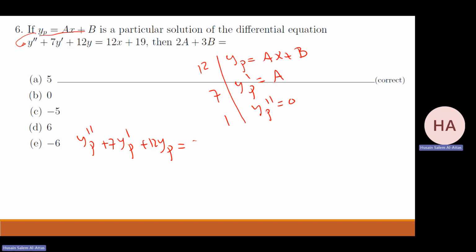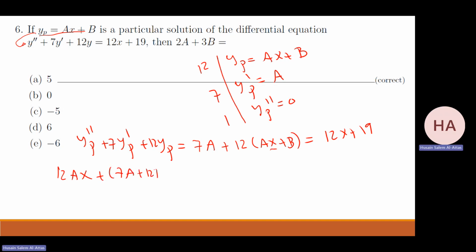The double prime term is 0, and that will give 7a plus 12(ax plus b), and that should equal 12x plus 19. So I have 12a as the coefficient of x, plus 7a plus 12b. That will equal 12x plus 19. The coefficient of x from this side is 12a, from this side is 12, so a equals 1.